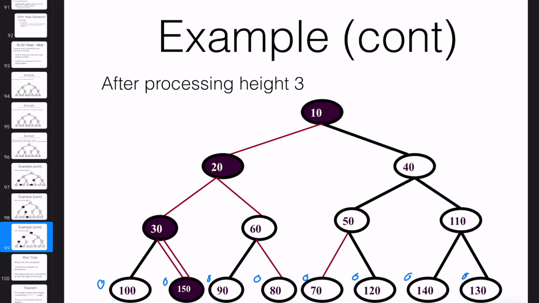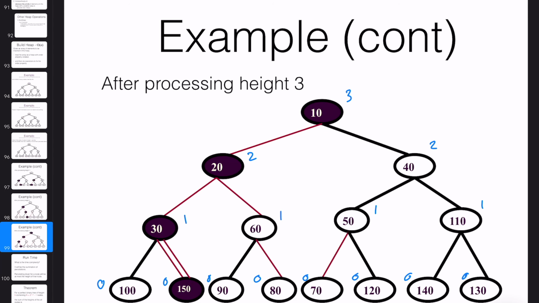And then for all the nodes at height 1, we did at most one percolation. And for all the nodes at height 2, we would need 2 steps of the percolation. And for this node, we would need 3, right? So just get the summation of the height of all the nodes.